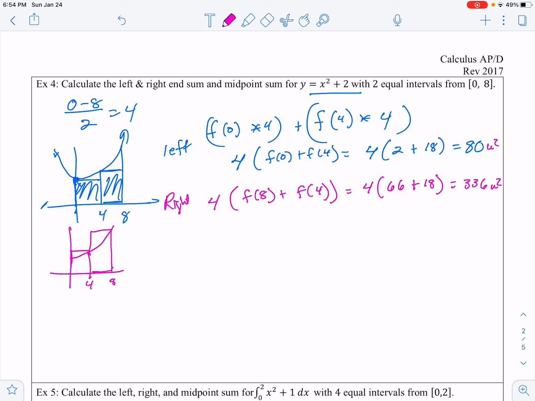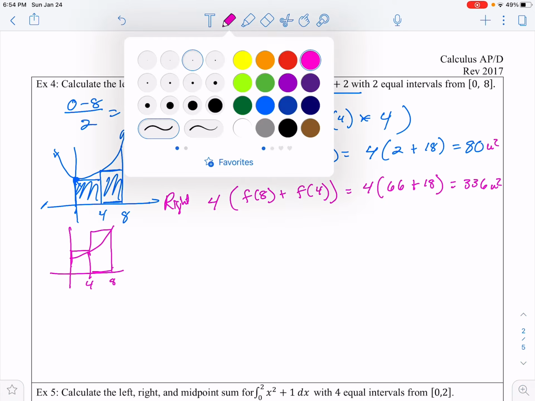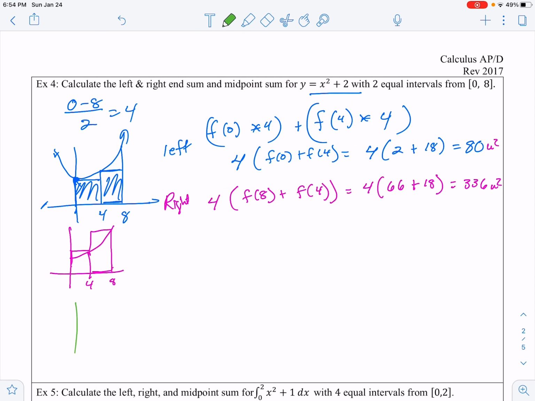We need some units. And then if we go ahead and do midpoint, they still want two partitions. So we were at 4 and 8. Well, the midpoint is 2, and the midpoint is 6.